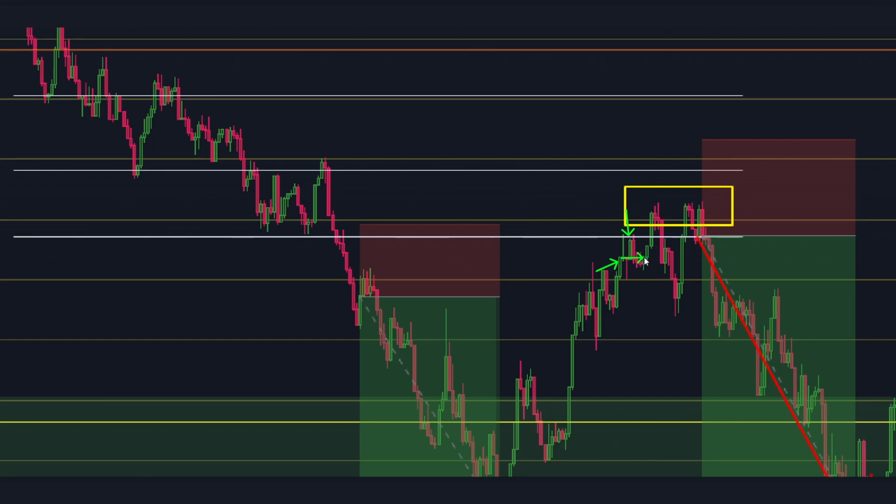If this is 15 pips, yeah, it should still be good.